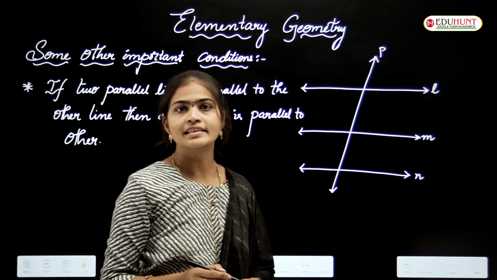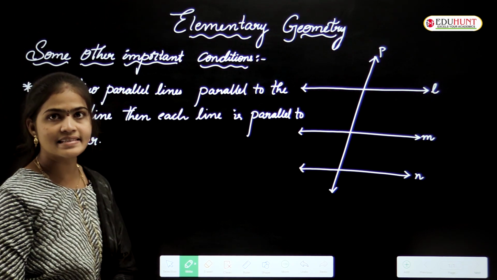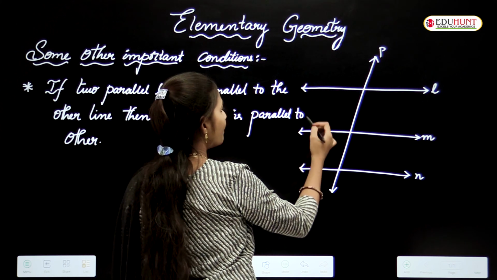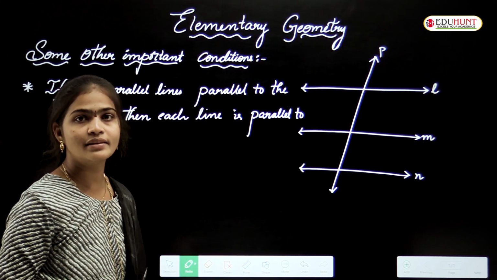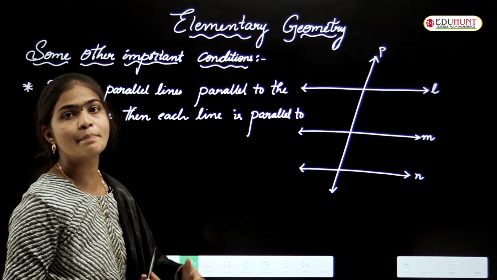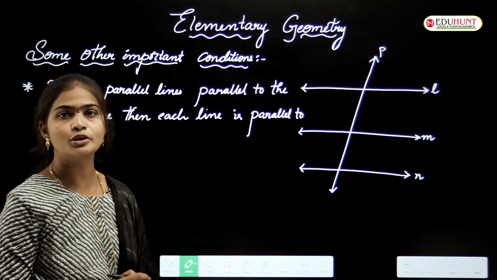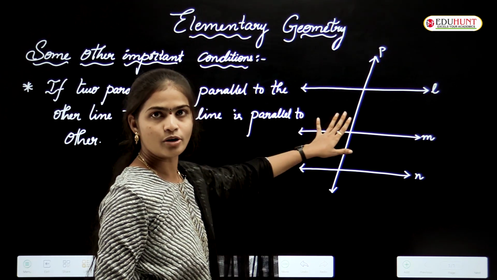So here is another important condition. If two parallel lines are parallel to another line, then we can say that each line is parallel to the other, which means all the lines are parallel to each other. For example, here L is parallel to M, already given.